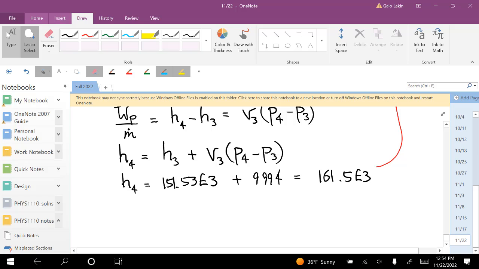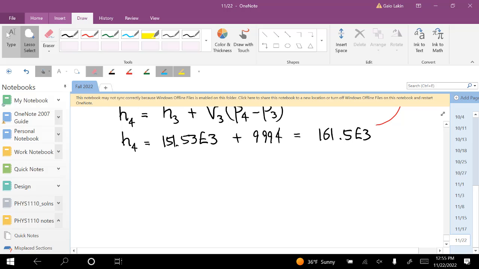Okay, so what's it asking for? Determine the heat transfer rate and calculate the thermal efficiency. So first, let's do the one at the turbine.